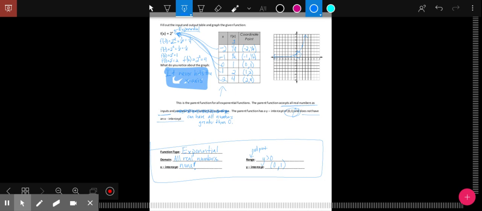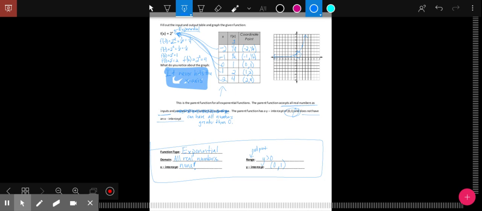Now, remember, this is a test question. You have to have these memorized. So this says this is a parent function for all quadratic functions. So that means this is our quadratic function type. Anytime we see an exponent of a 2, then we know it's going to be quadratic.